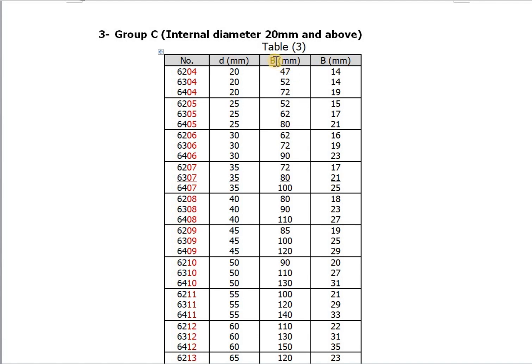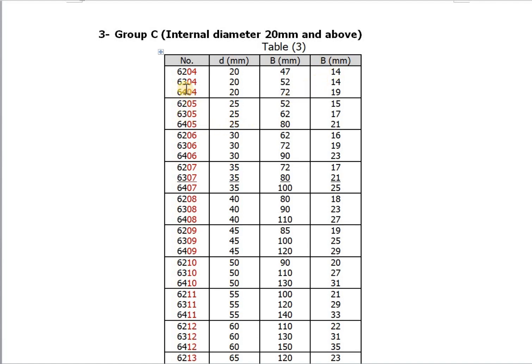Sorry, this is D capital, not B capital. We can see that from 2 to 3, 20 is constant for the internal diameter, 52 for the outside diameter, and 14 for the width of the bearing.